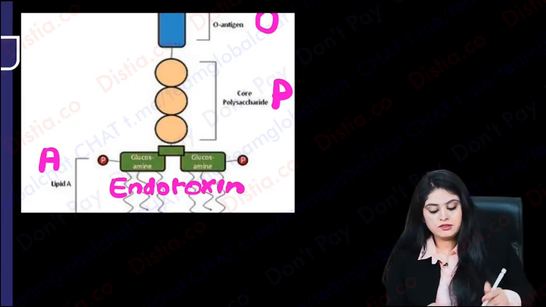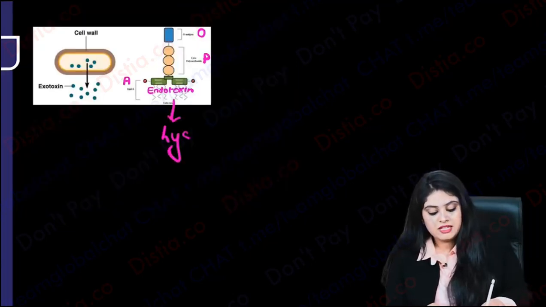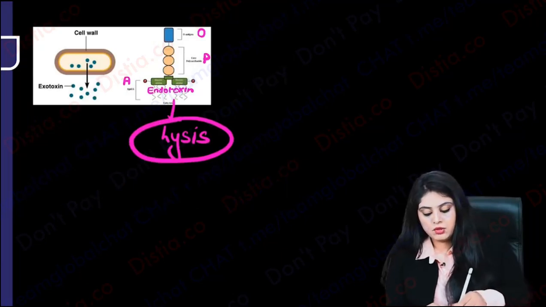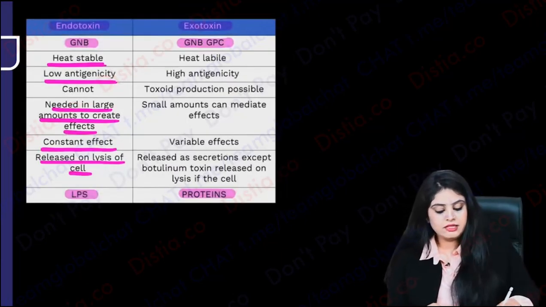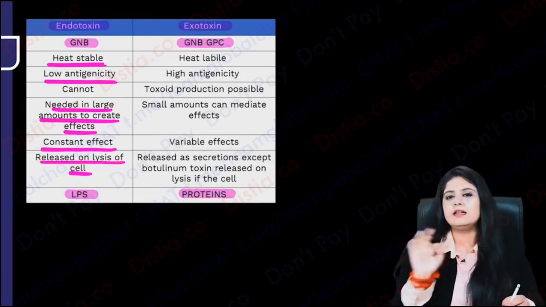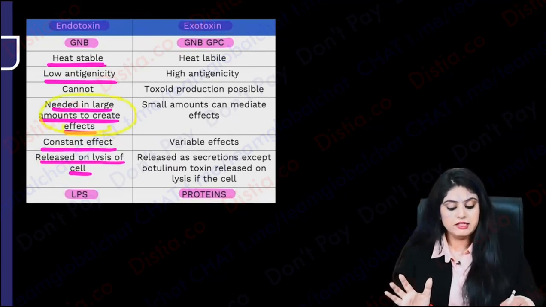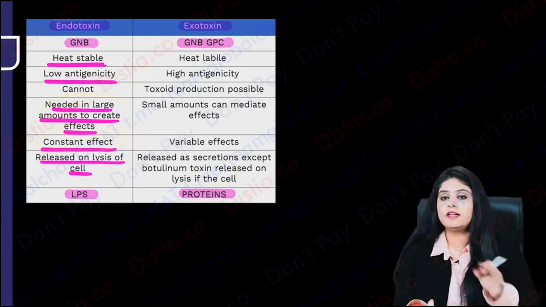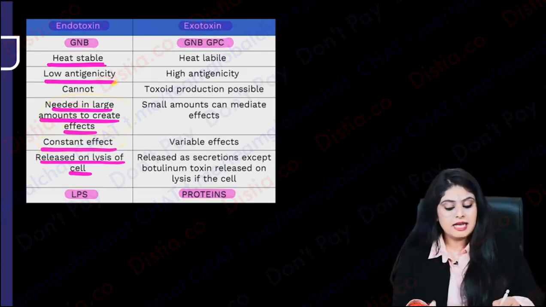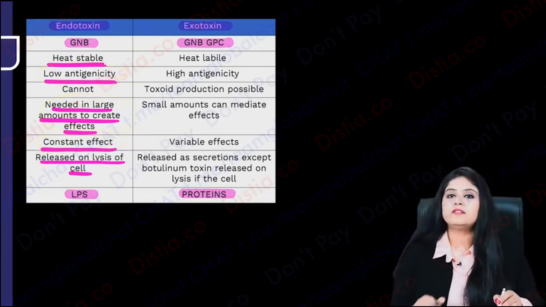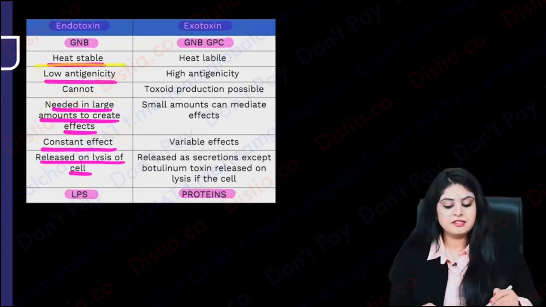And if I want this to be released, there will have to be lysis of the cell. A little amount is not enough. I will need it in a good amount so that I can create an effect, and whatever effect I create will be a constant effect. Why is it needed in large amounts? Because it has a very low antigenicity. But yes, it is heat stable.